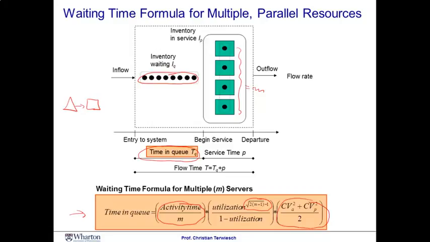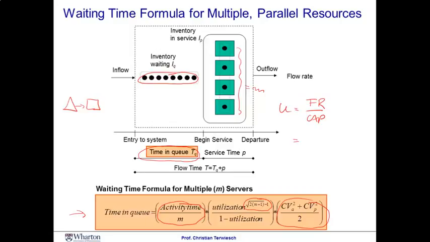Now, as we're applying this formula, keep in mind that the utilization all throughout remained the flow rate divided by the capacity. Remember further that in all of our discussion around variability, we assumed that the flow rate was constrained by demand. Again, if you have a demand that exceeds the capacity, waiting is not driven by variability, but it's just driven by insufficient capacity.